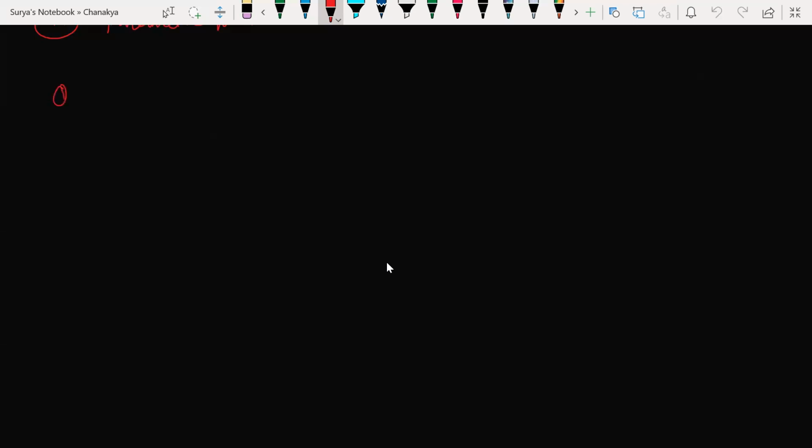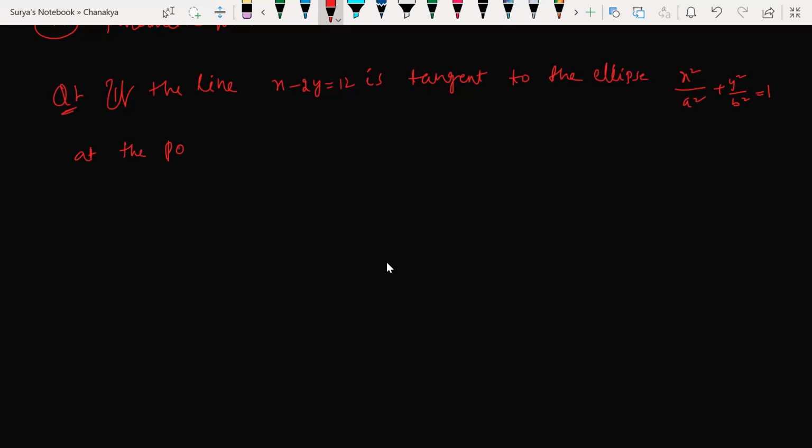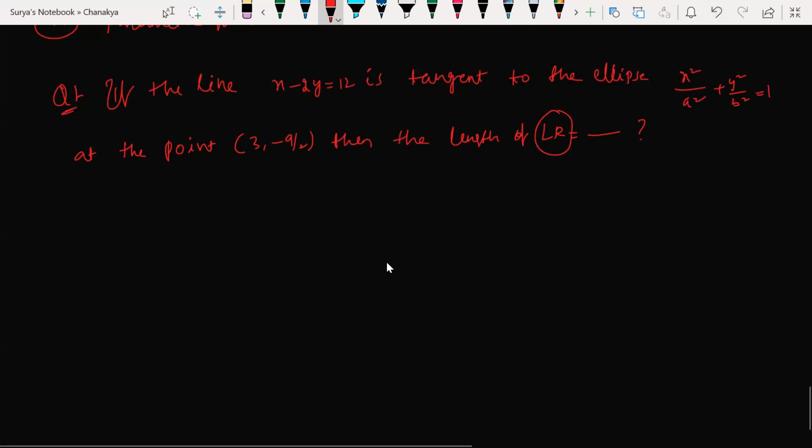If the line is tangent to the ellipse is equal to 1 at the point, length of latus rectum, LR मतलब latus rectum, length of latus rectum is what?